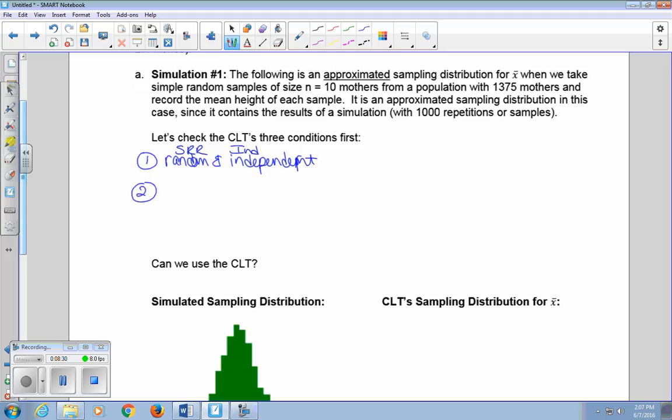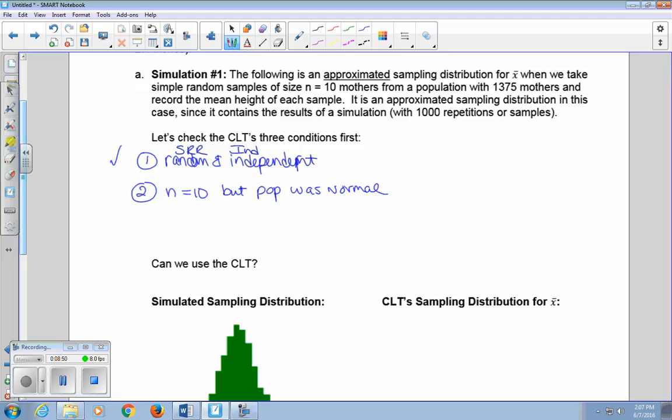Our sample size was n equals 10, which isn't quite big enough to meet the sample size condition, but it came from a population that was normal. So this was met.